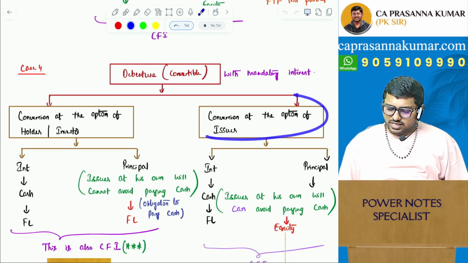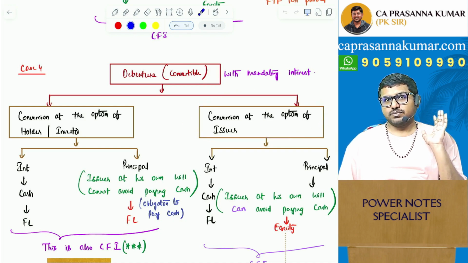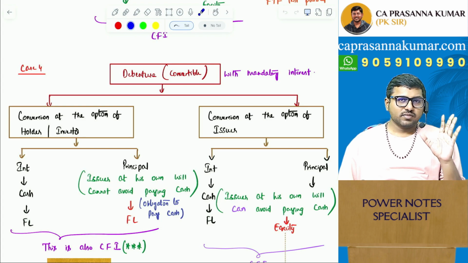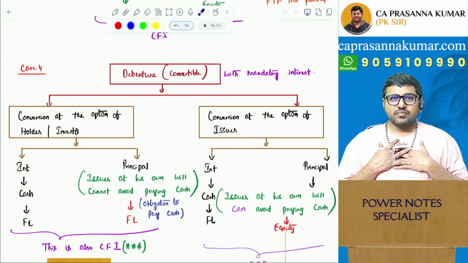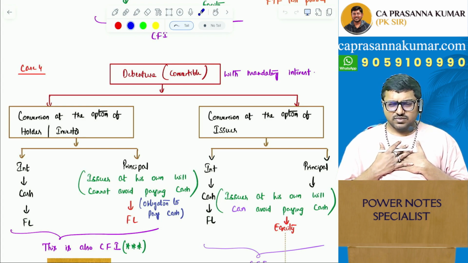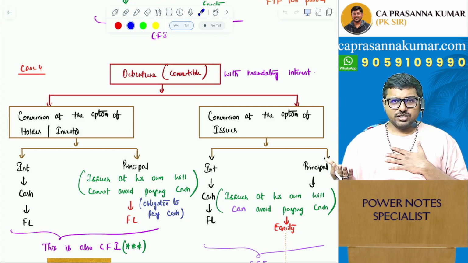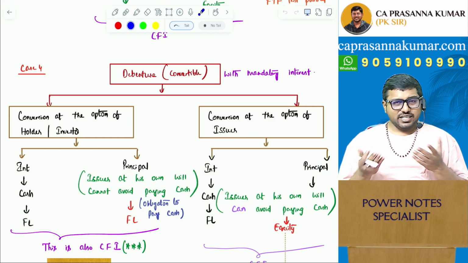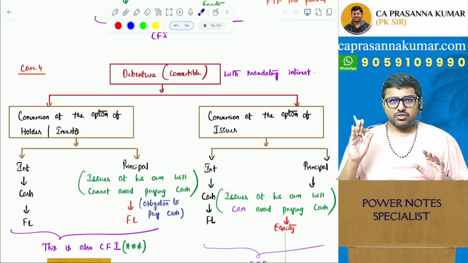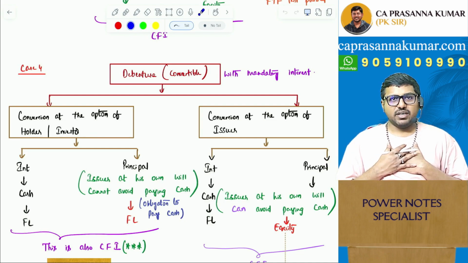In this case, the ball is in whose court? It is in the company's court. If the company wants, it can convert that into equity shares where it will not have any obligation to pay cash. If the company wants, it need not convert, it can just redeem it. So it is in the hands of the company, correct?